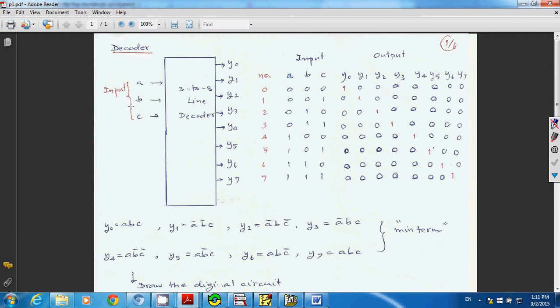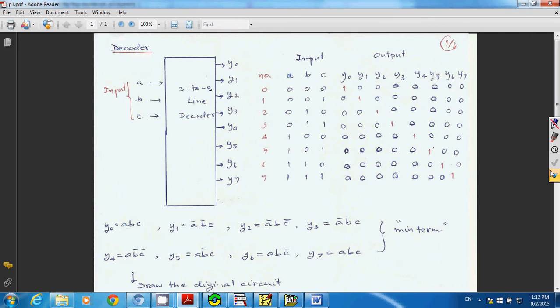When you're talking about a decoder, for example, in front of you here we're talking about a 3 to 8 line decoder. That means you have a 3 input, A, B, C, or a 3 bit input, and what you get is 8 outputs, from Y0 to Y7.